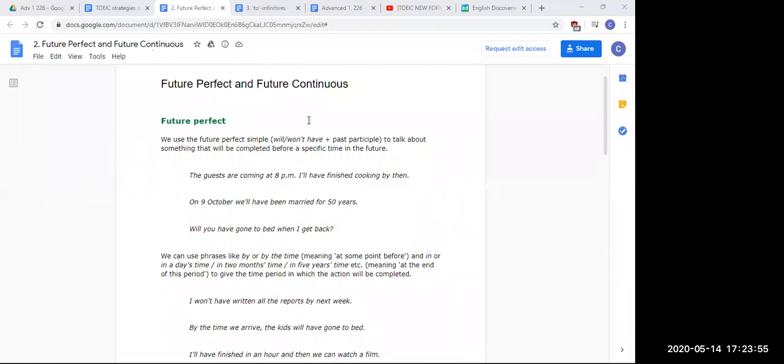Okay, let's move on. So that's the future perfect from Unit 2. We'll take a quick look now at two infinitives, which is Unit 3.